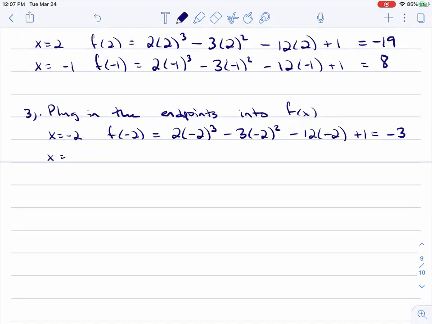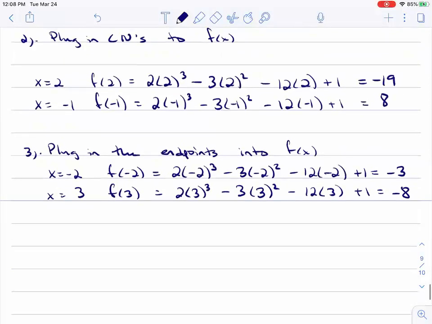And at x equals 3, I'm at f of 3, 2 times 3 to the 3 minus 3 times 3 squared minus 12 times 3 plus 1, putting me at 54 minus 27 minus 36 plus 1 is -8.